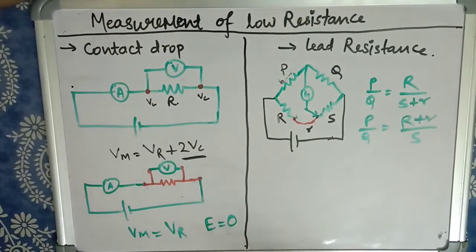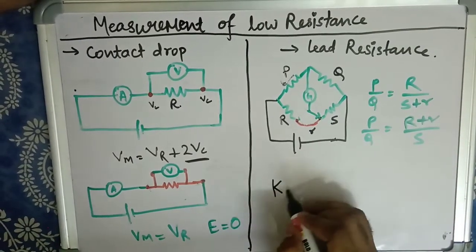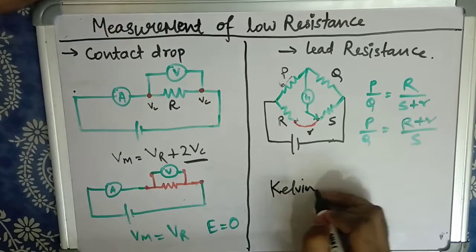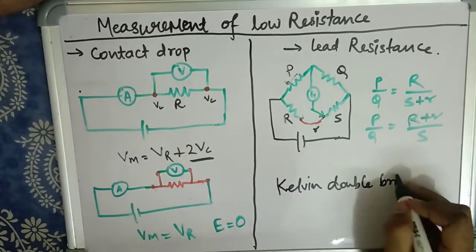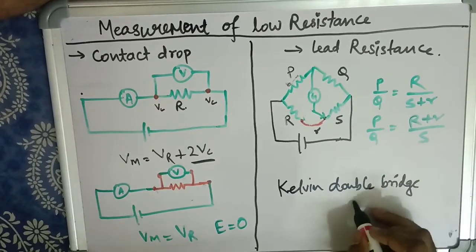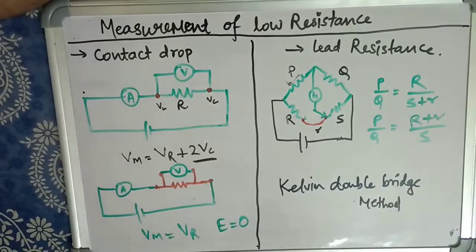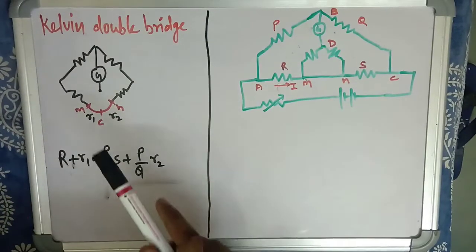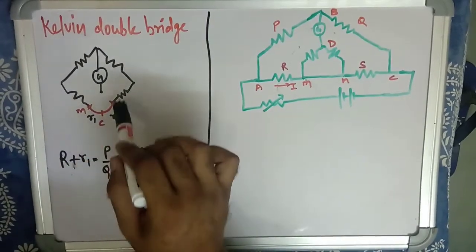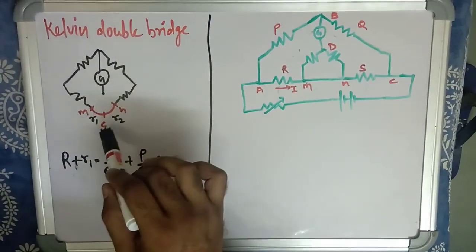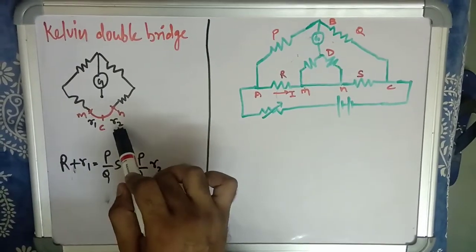To eliminate this error we come to our next method, the Kelvin double bridge method. In the Kelvin double bridge method, the basic concept is to divide the resistance r into two resistances, R1 and R2.